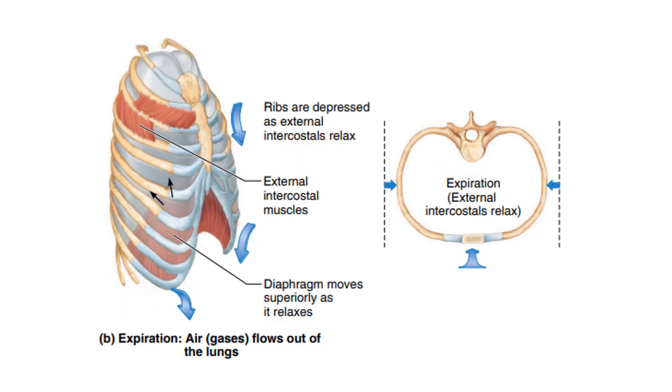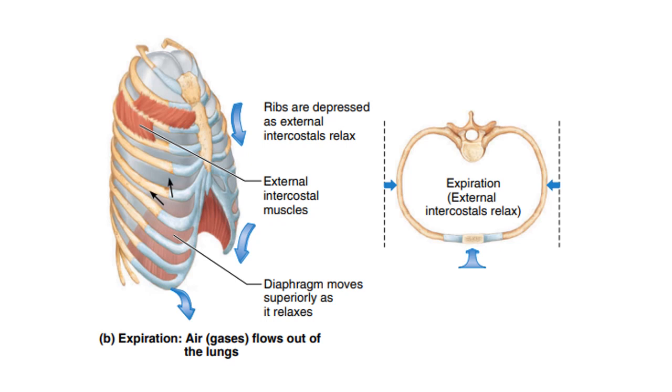Next, this is what happens during expiration. The diaphragm goes back to its normal location and moves superiorly. The ribs, from being elevated, are depressed, and so the horizontal distance decreases. The anterior-posterior distance decreases, and the superior-inferior distance decreases.